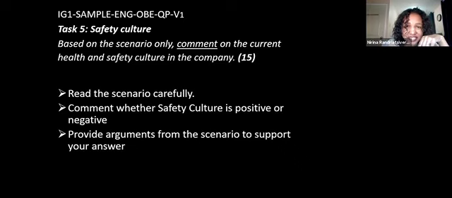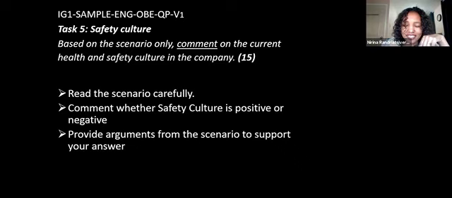The tendency is to look at the question, see it's about health and safety culture, and think, I know it's poor, so I'm going to the course notes on the page about poor indicators of health and safety culture and just copy paste that. No, it doesn't work. Why? Because you need to refer to the scenario.